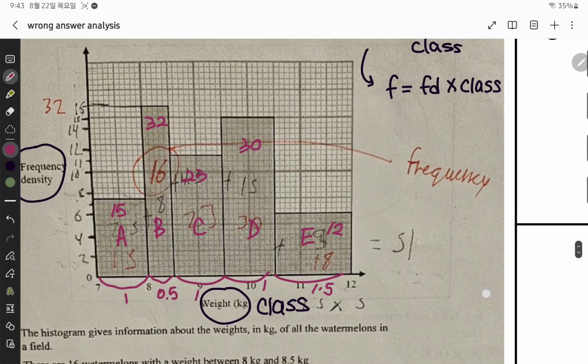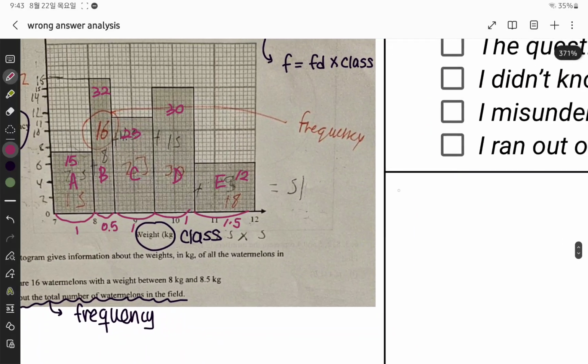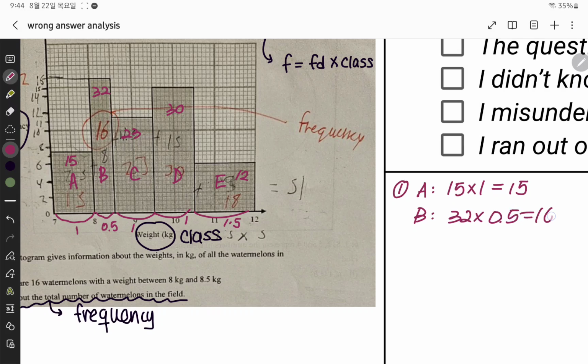So now we're going to calculate the frequency for each of these bars in the histogram you see. So first of all, we have A, which is calculated by 15 times 1, which is equal to 15 watermelons. And then B is 32 times 0.5, which is equal to 16.